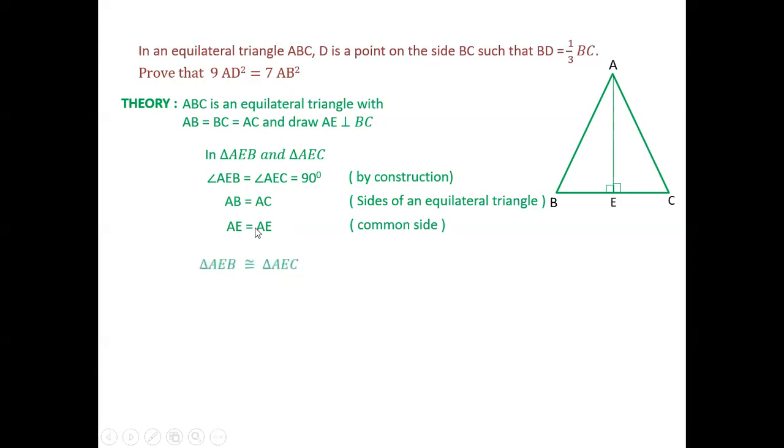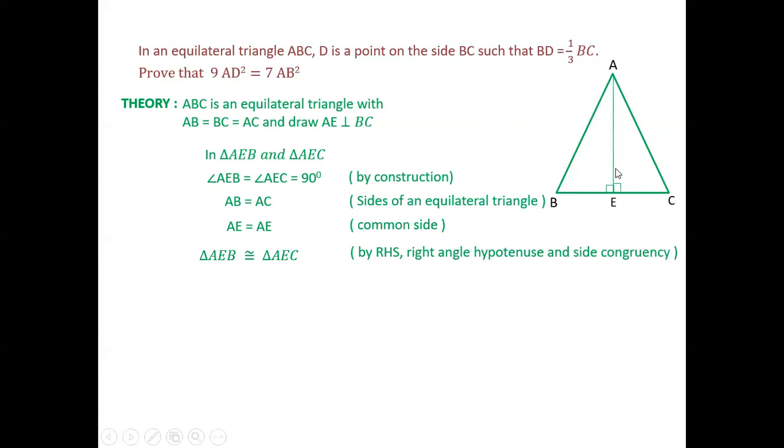So we can say that triangle AEB is congruent to triangle AEC by RHS congruency. RHS means right angle, hypotenuse, side congruency.